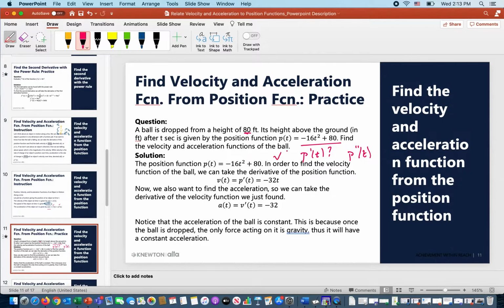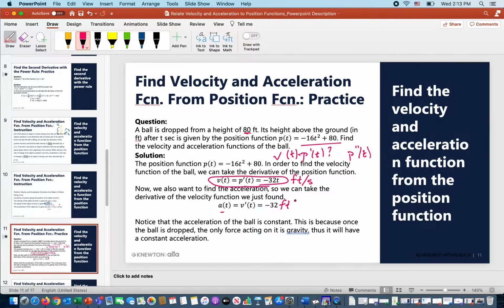So if I'm finding the velocity, the first derivative, that's negative 32t, right? Because the derivative of 80, that's a constant, is just 0. That makes the acceleration here negative 32. So if we used our units, we would be saying the velocity is negative 32t feet per second.